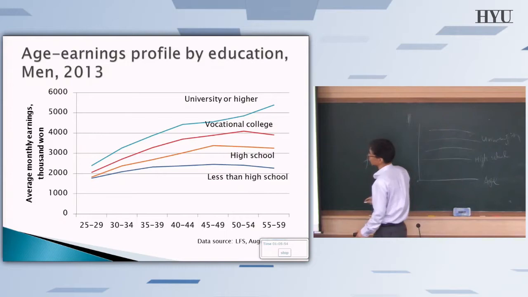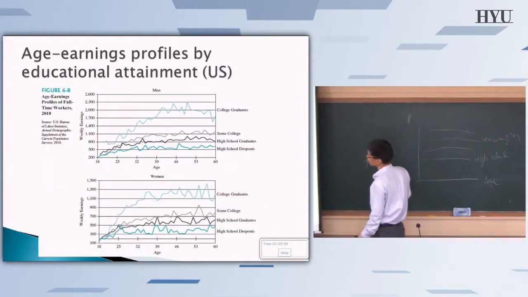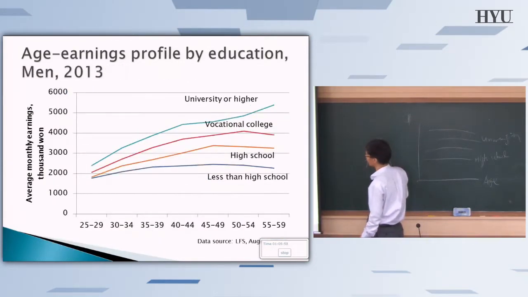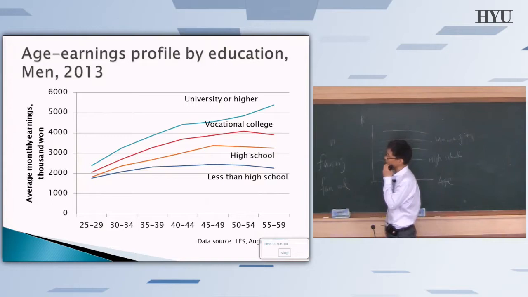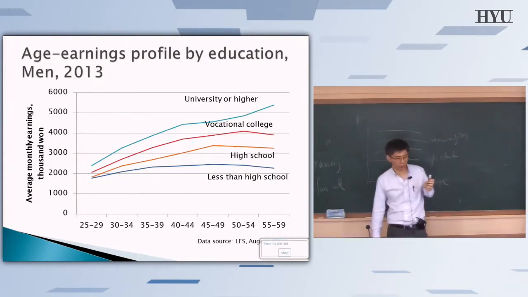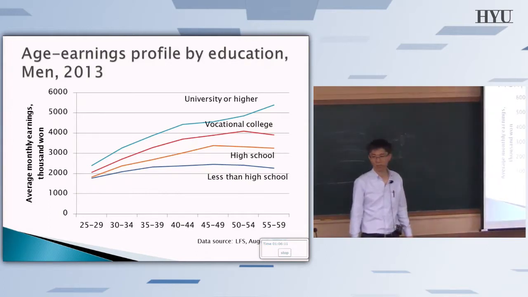I think I'll just write it somewhere. It's a fan out. So what does that mean? After school, who's more likely to invest in human capital, the higher education or the low education group? Who is more likely to get trained?